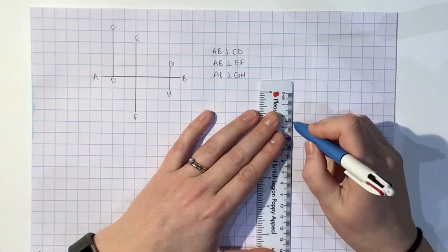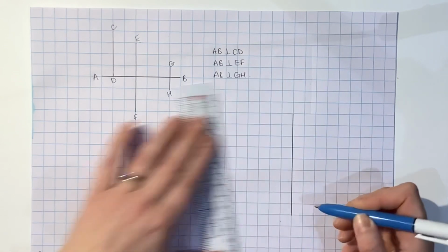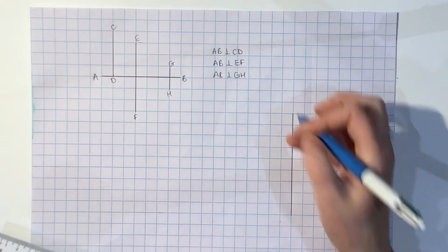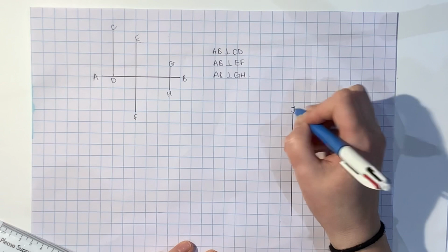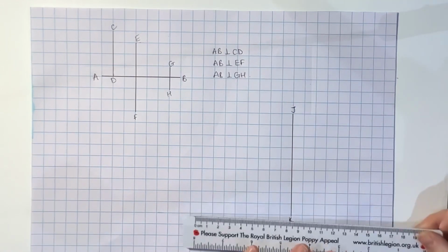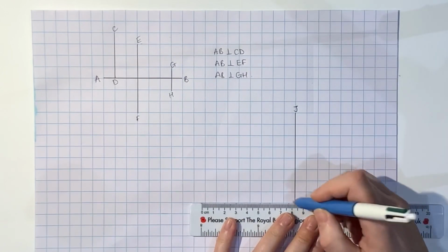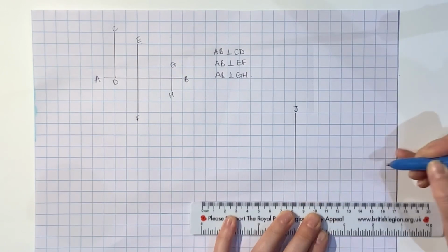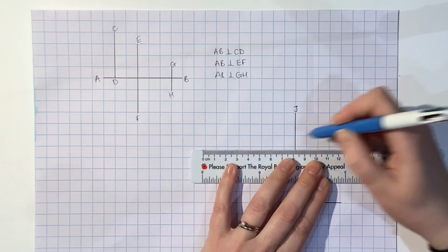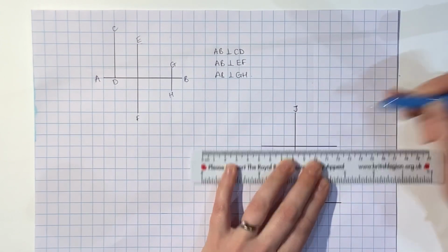If we start with a line that is vertical like that, we'll call it JK. We can, as long as we use the lines, we can create some perpendicular lines. It doesn't matter whether they're long or short, whether they come out both sides.